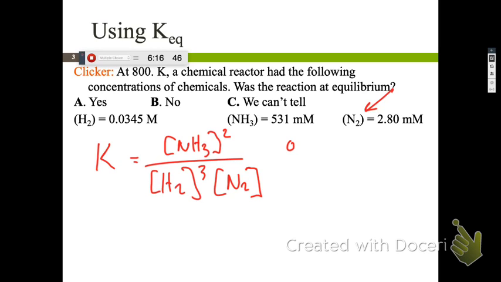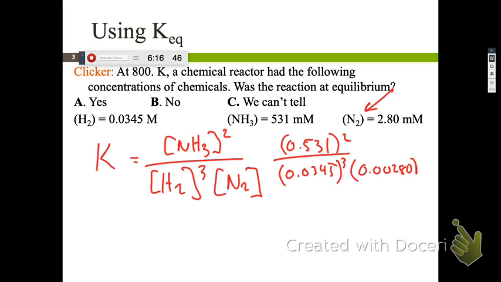If we go ahead and put in 0.531 squared over 0.0345 cubed times 0.00280. So what do we get numerically? It's like 2.5 million. Yeah, 2.5 times 10 to the 6th? What does that mean?